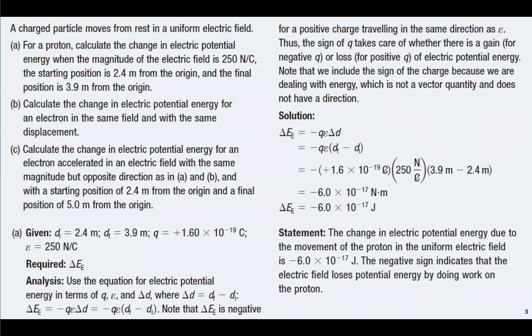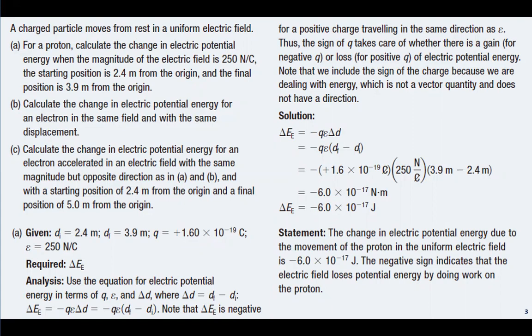All right, let's have a look at the solution here. For question A, we can use the equation for electric potential energy in terms of Q, epsilon, and delta d. The change in electric potential energy, delta EE, equals negative Q epsilon delta d.